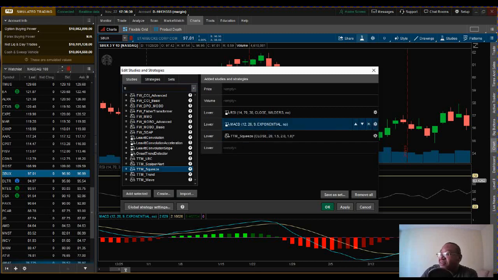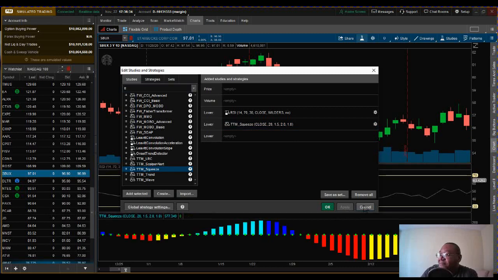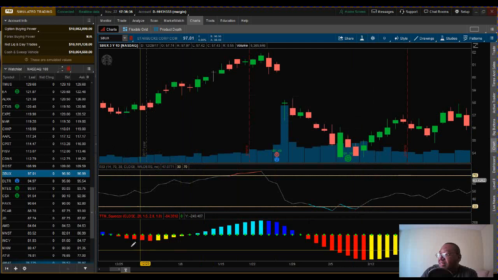Let me give you a quick look so you can take a look for yourself. This is what the TTM Squeeze looks like. Those little green dots simply mean it's on an upward. Now, the time frame for this, I am not completely sure.